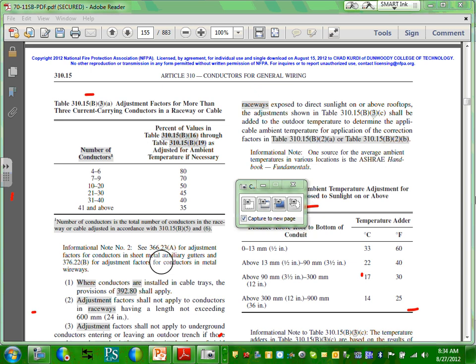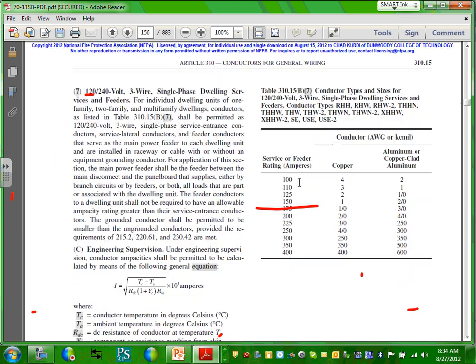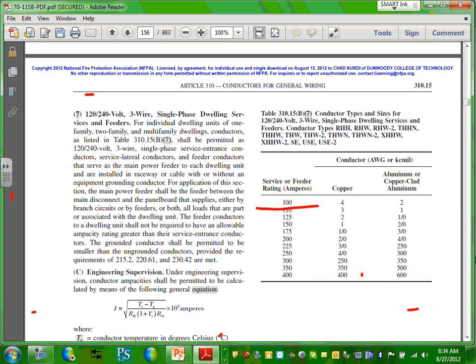That's good enough. The last table I want to show you guys is this table. You guys familiar with that one? You've seen it. Here you go. I want you guys to come over here and look at this table. Since we're doing dwelling, this is where you're going to be. This is the table they're going to be using for sizing our project.